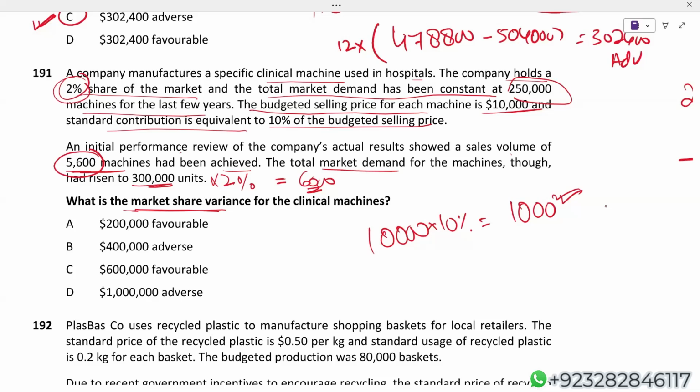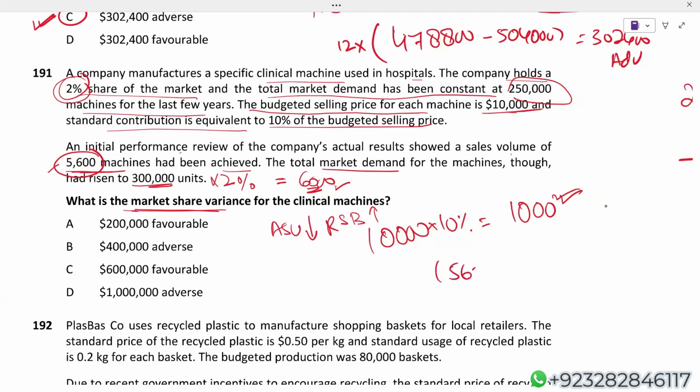So actual sales units are less and revised budgeted units are more, so the variance is going to be adverse.